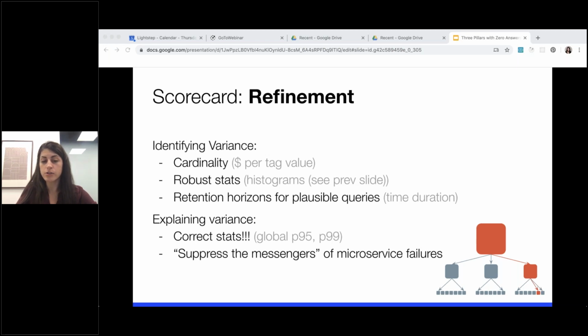The intermediary service will still indicate a failure in its own performance, but it's not the true culprit here. So you shouldn't waste any time debugging the intermediary service. Instead, you should have an observability system that quickly suppresses the intermediary service, so you can quickly refine the search space and identify the services that are actually causing the problem, not services that are being affected by the culprits.